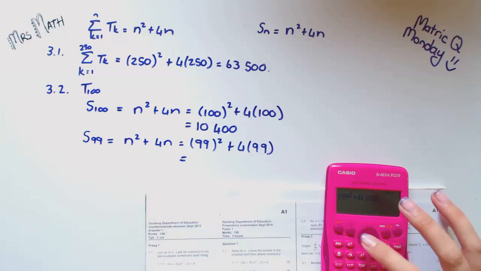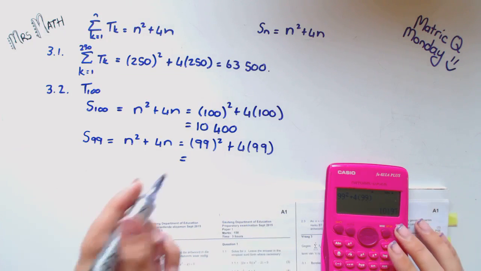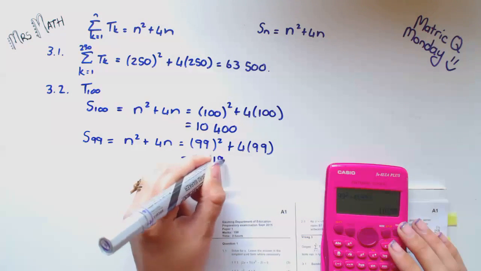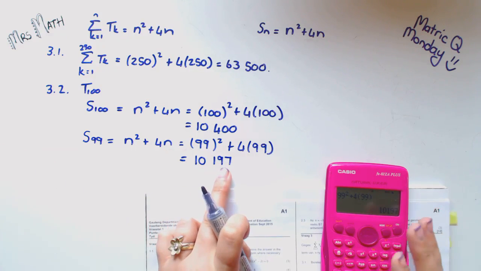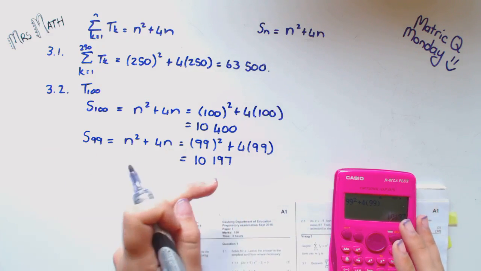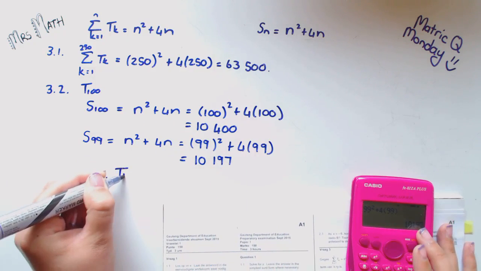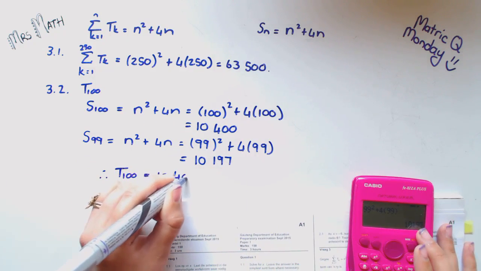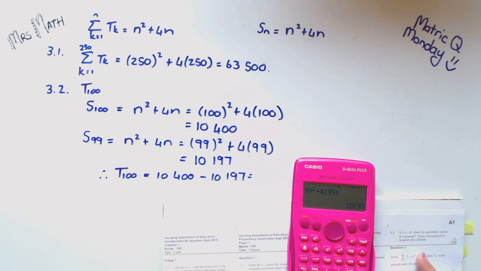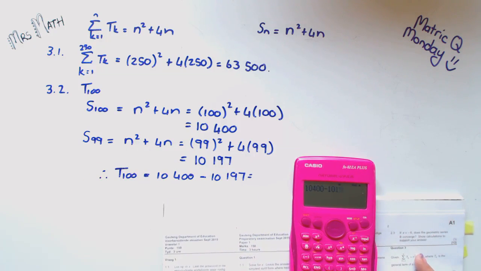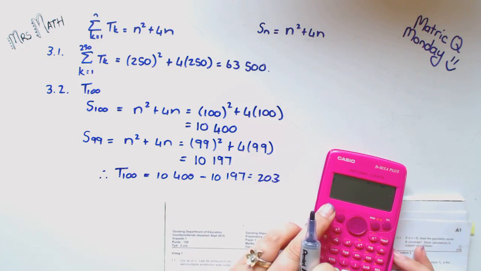I'm just putting 99 squared plus 4 times 99 in my calculator, and this gives me 10,197, which means when I added the first 99 terms, I have 10,197, and then if I add the 100th term, I get 10,400, which means that the 100th term is 10,400 minus 10,197, and that is 203. Right, so the 100th term is 203.